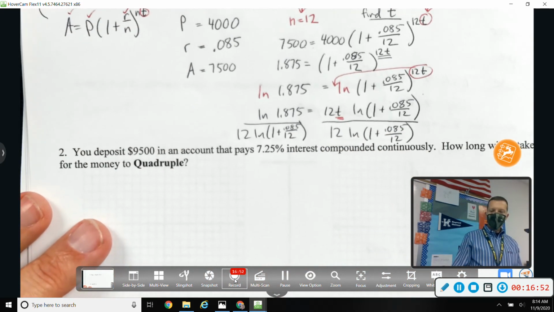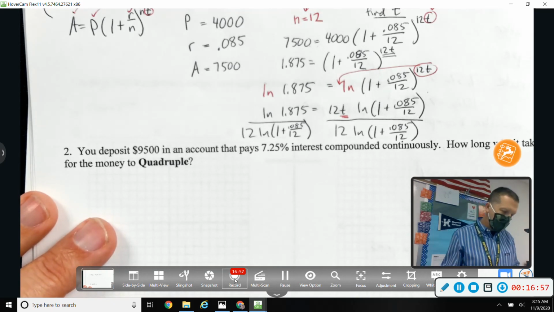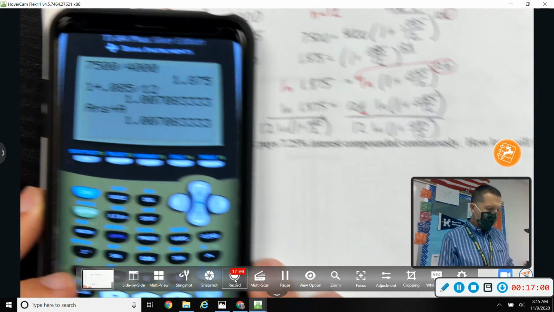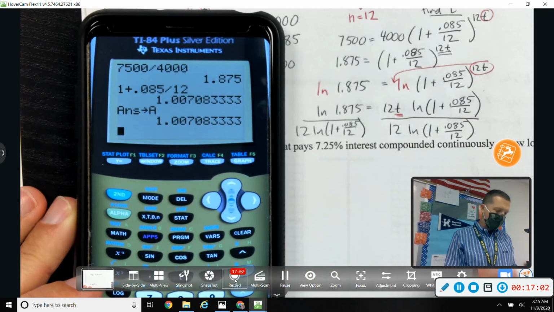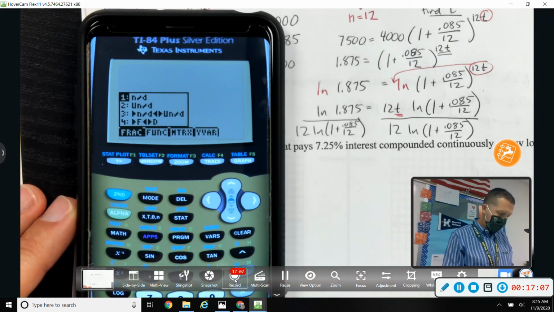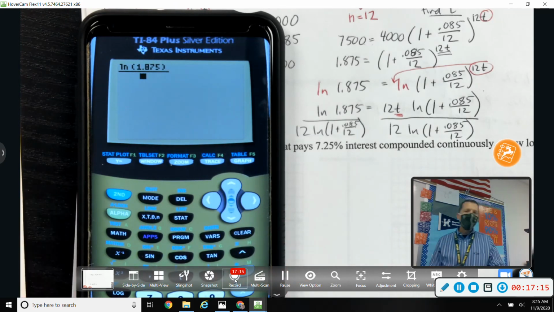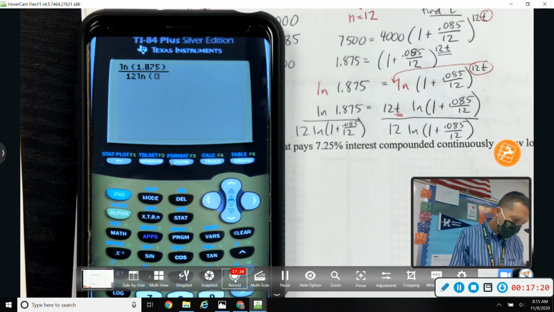So it's kind of ugly to get there. Let's see. I may want to go with the fraction bar for this one, rather than worry about all the parentheses that I would have to do. So natural log 1.875 over 12 times natural log of 1 plus 0.085 divided by 12.